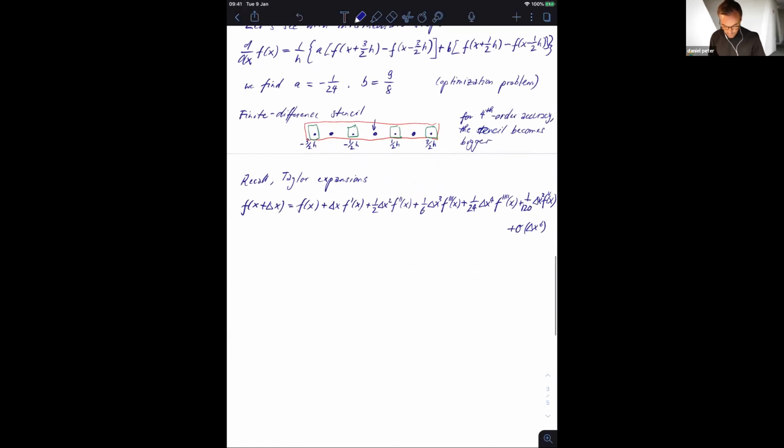Okay, and you saw from last time when we did this, we also write the expansion for f of x minus delta x. So let's quickly do that. All that we have to consider is basically just these sign changes.